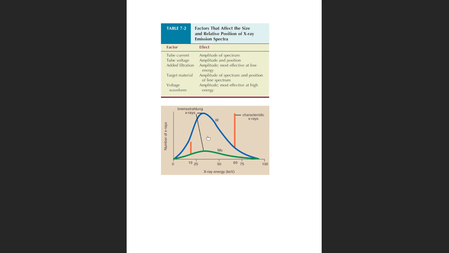And until I hit a specific energy level, that 69.5 in a tungsten target, I will not have characteristic X-rays. So anything below that energy threshold, I won't be producing characteristic X-rays at all. So I have to have basically 70 kV to produce any characteristic.